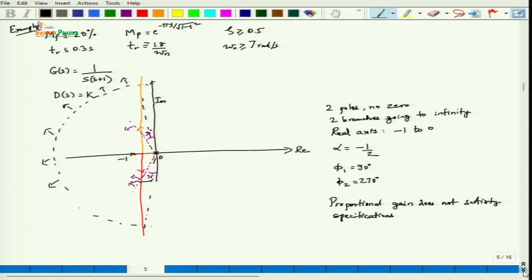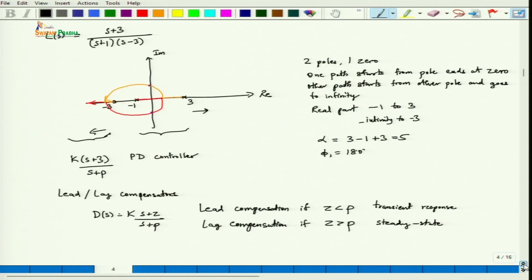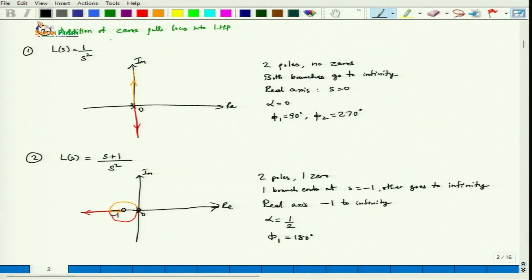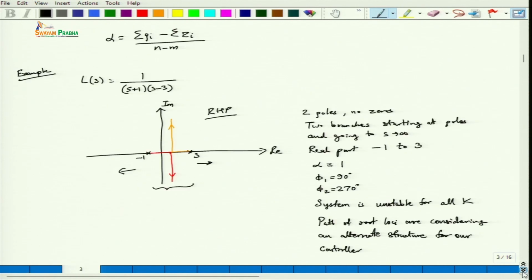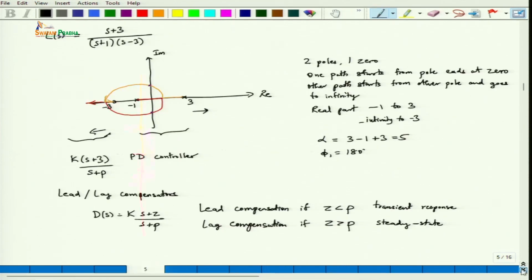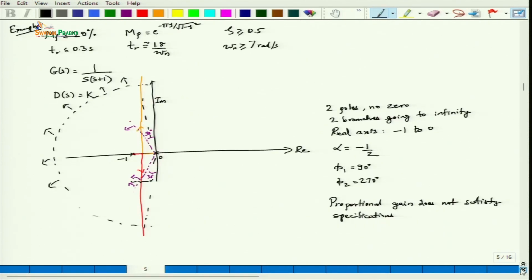So in that scenario, we do what we have done in the last example. We want to move our root loci to the left side, right? So as discussed, we add a 0 to get a PD controller.